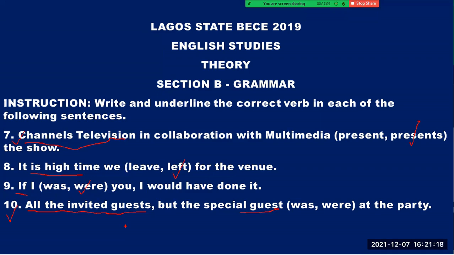We are talking about those who were there. All the invited guests were at the party, but the special guest was not there. So taken together, it reads, all the invited guests, but the special guests were at the party. So the actual correct option is where.